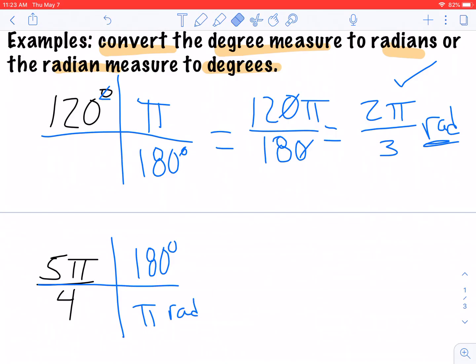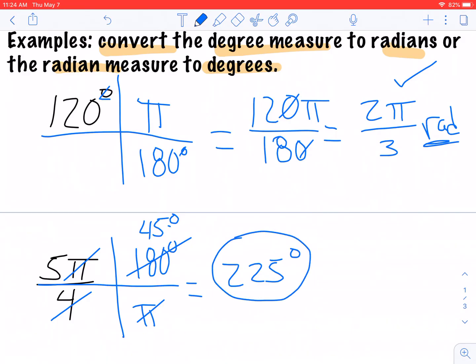Now, I apologize, but typically I don't write the radian measurements, but realize that that unit is there. And here in simplifying, we see the pi's reduce. And then I'm going to reduce the 4 and the 180 also to make that a 45. So this leaves me with 5 times 45, which is 225 degrees.